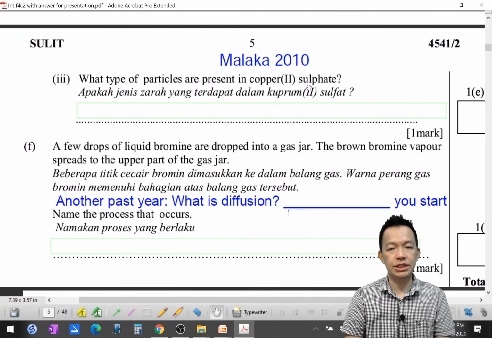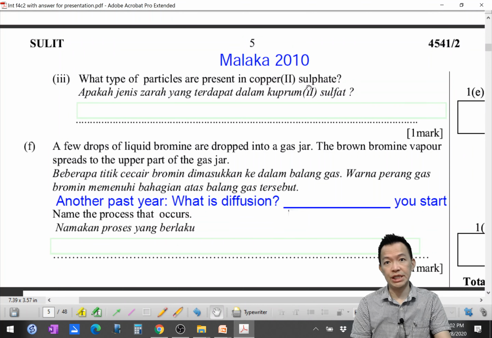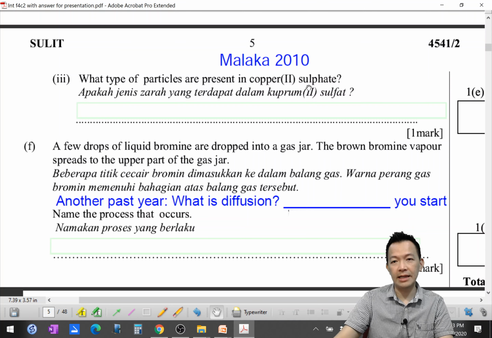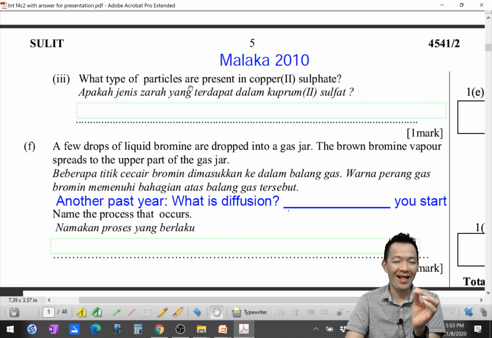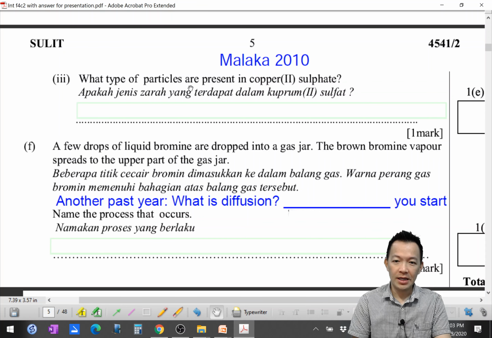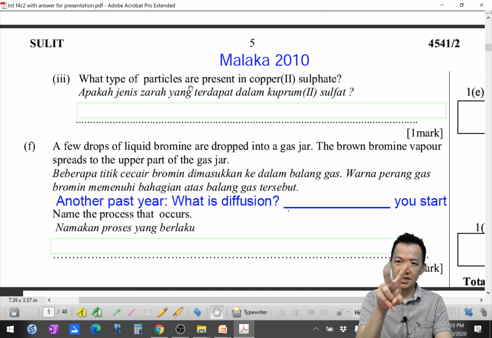里面有什么 particle 形成的呢？也有人不会的。真正在课室的时候，那个不会的人拿着 pen，他写不出东西，因为他真的不知道什么叫 particle。不用紧，慢慢来。Copper 2 sulfate is made up of what particles? 它的 particle 是谁呢？Copper 2 ion, sulfate ion.